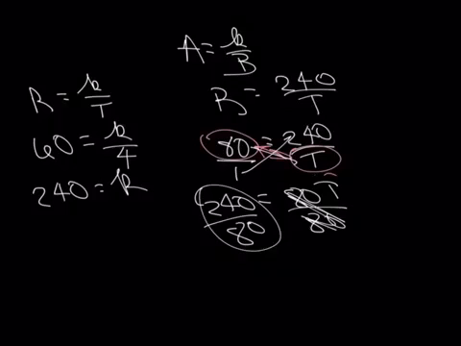Now what did I say? This and this switch places. So this becomes t and this becomes 80. 240 over 80. Okay, it will always work, and it just makes life easier for you. So if you can remember that, if you're looking for the denominator, switch places with that, and then it's just real simple division.